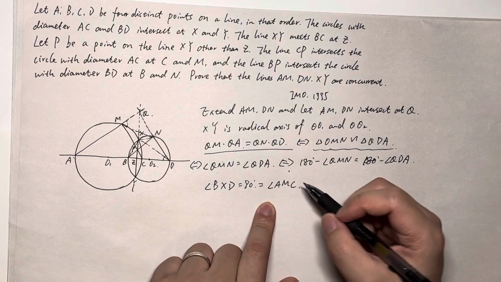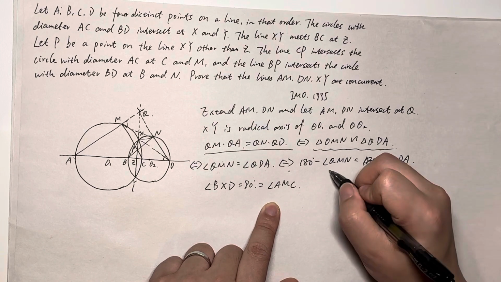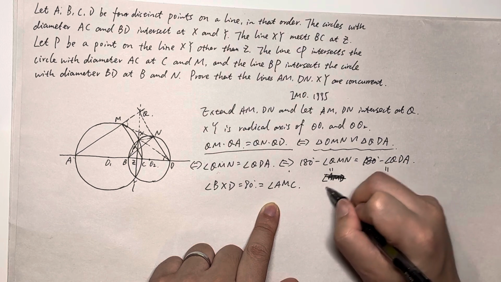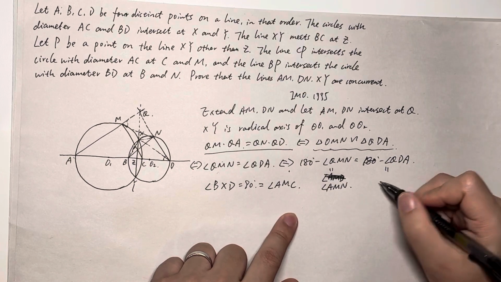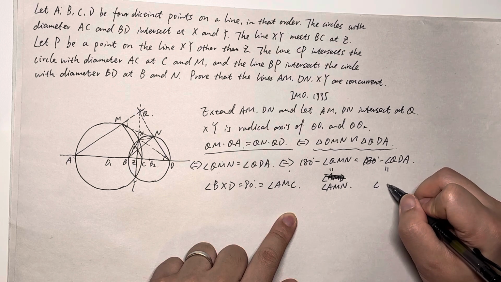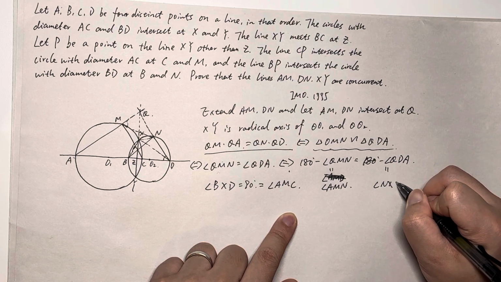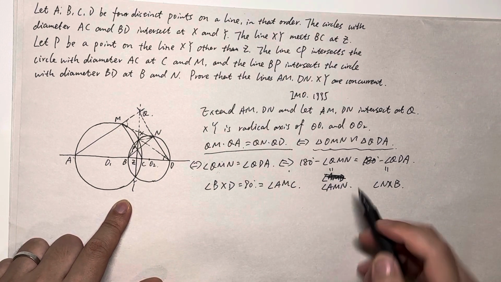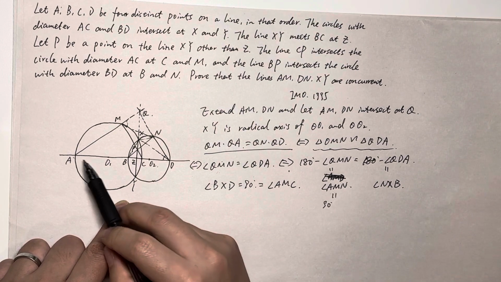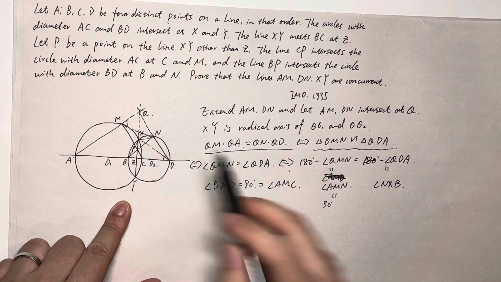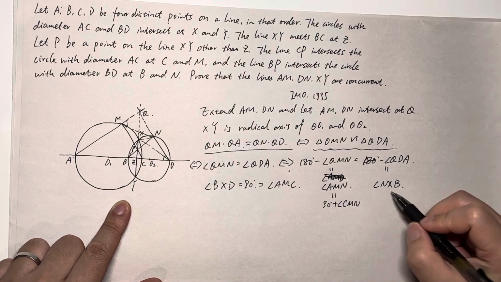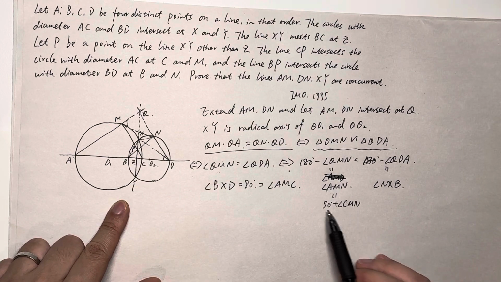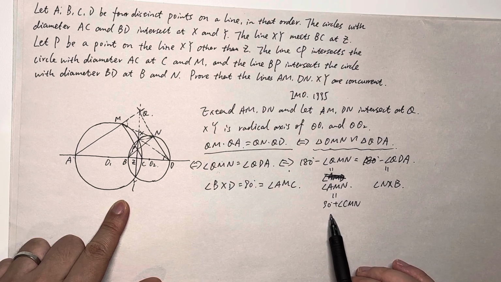right? So here angle AMN equals, this one equals angle NXB, right? We already know that angle AMN equals 90 degrees, which is angle AMC plus angle CMN. And for angle NXB, we want to find the 90 degrees here first, so we can subtract this 90 degrees out, right?